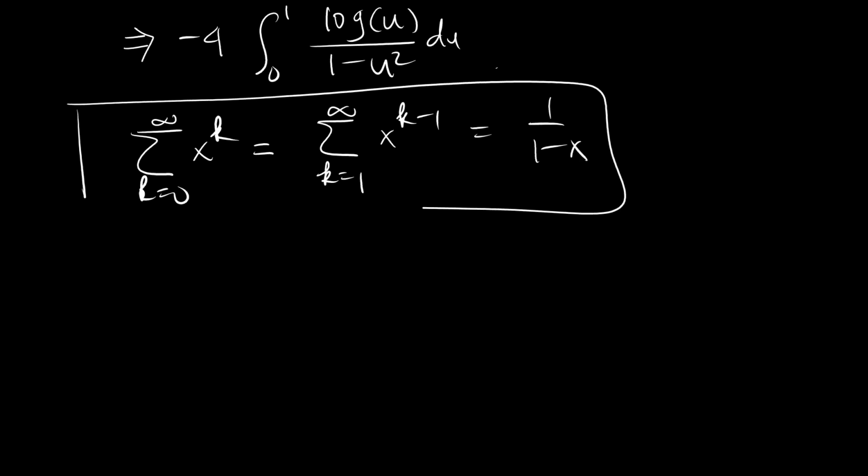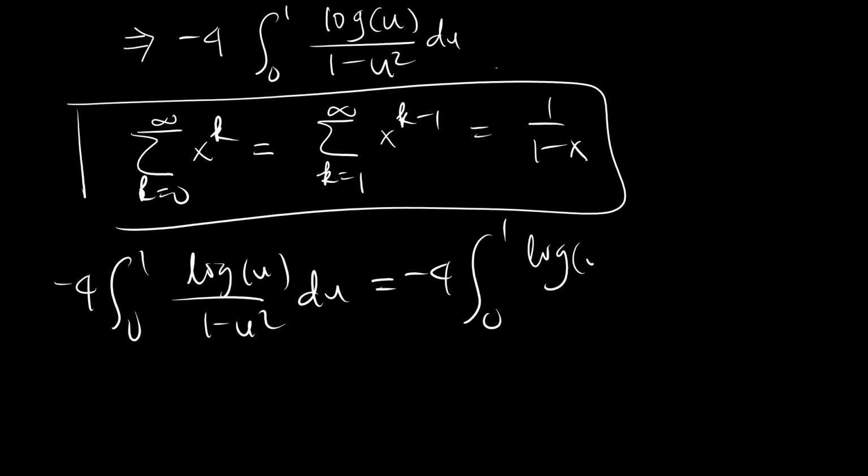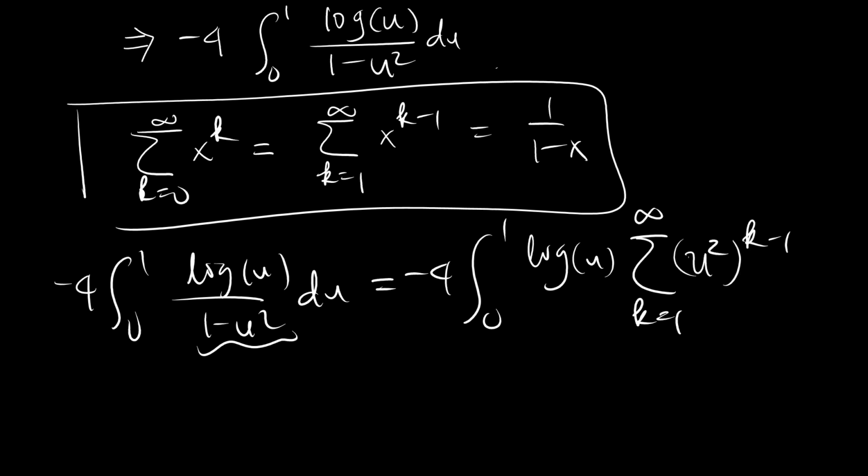So we're going to use that so that our problem here is equal to negative 4 times the integral from 0 to 1 of log of u, this part here being the same as the summation from k equals 1 to infinity of u to the power 2k minus 2, using this part here, du.